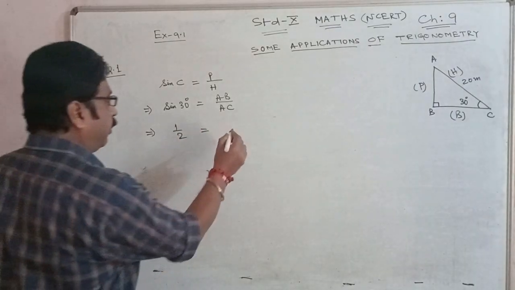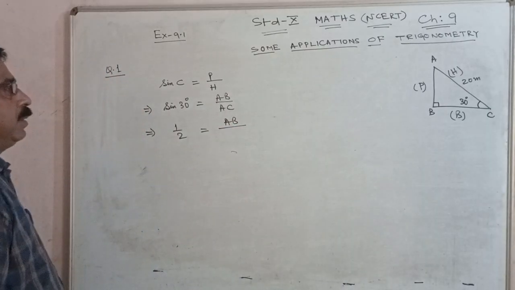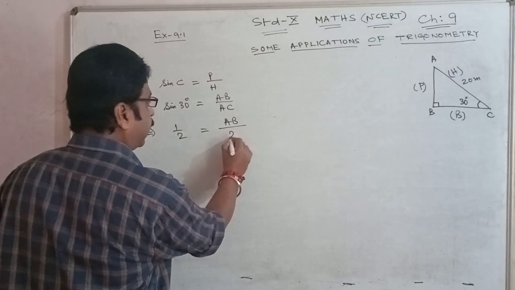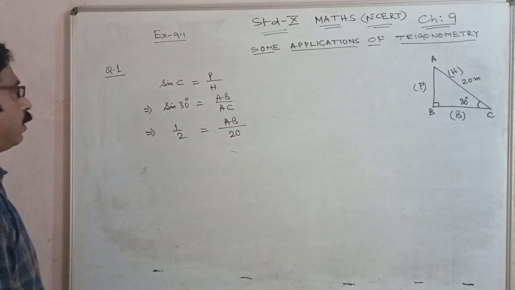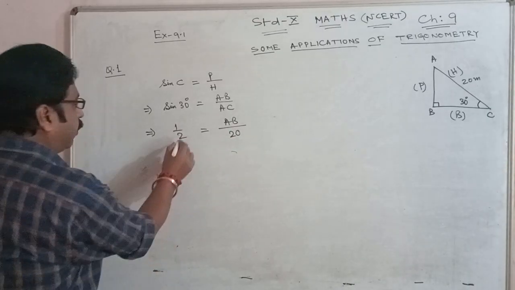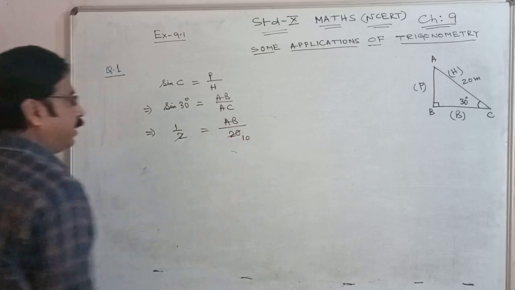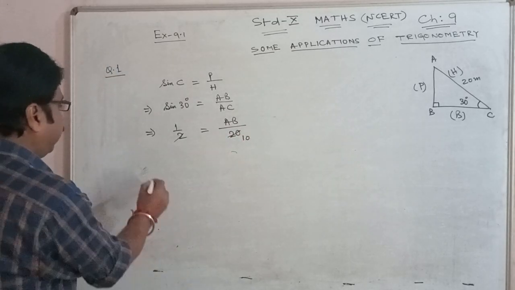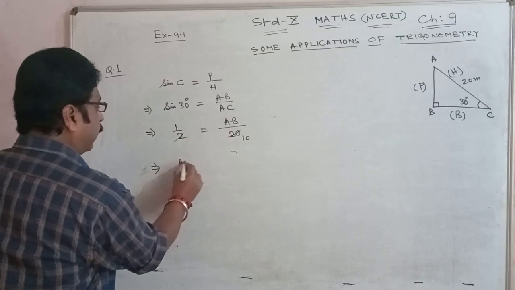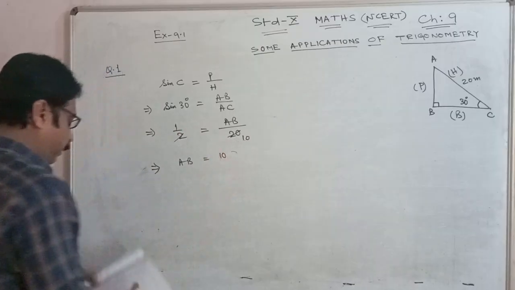AB unknown, we have to find the value of AB. AC is 20 meter, we can write 20 only here. This and this we can cancel. 2 ones are 2 and 2 tens are 20. Now cross multiplication. AB into 1 means AB. 10 into 1 means 10.